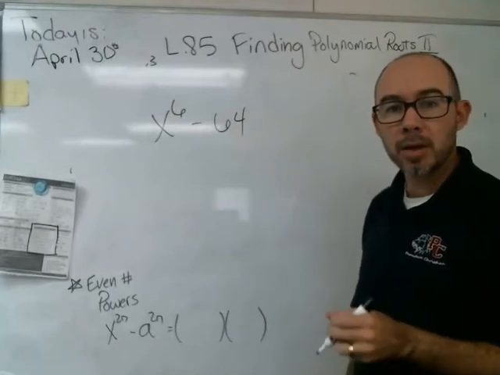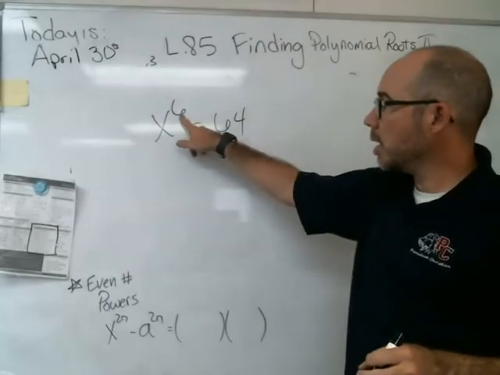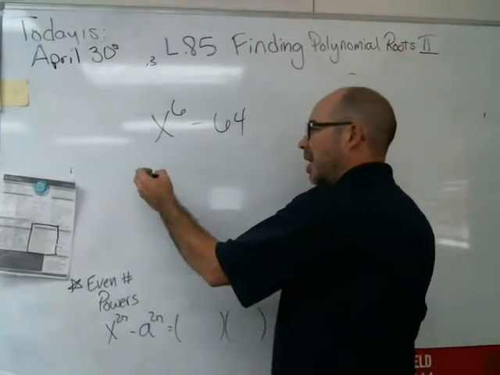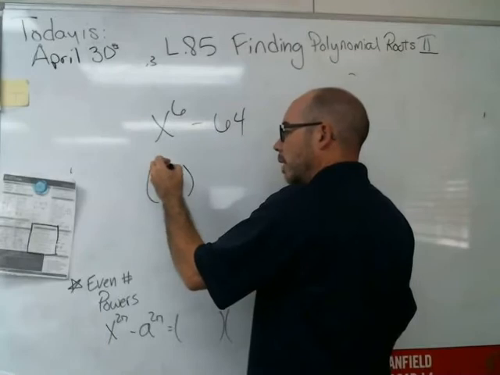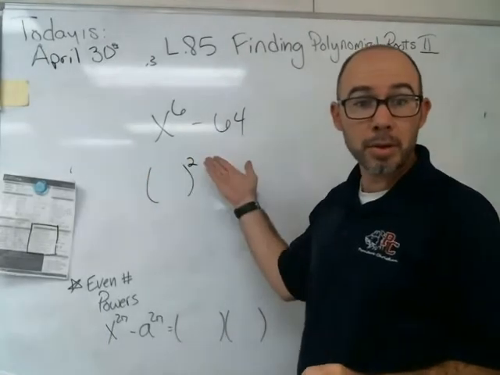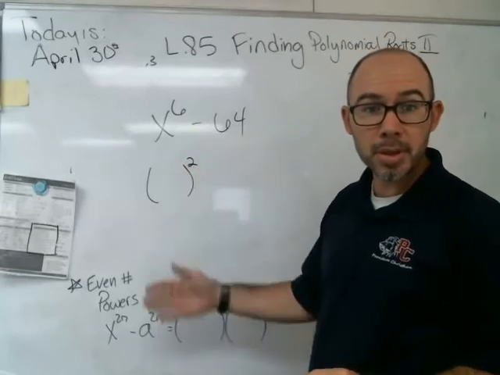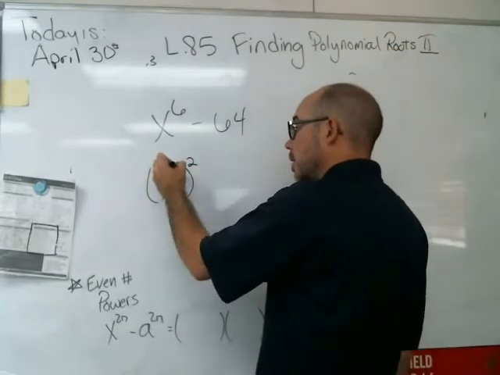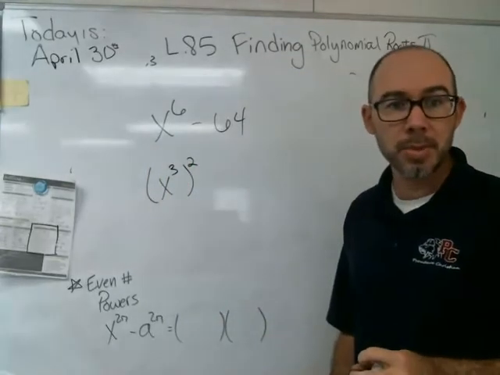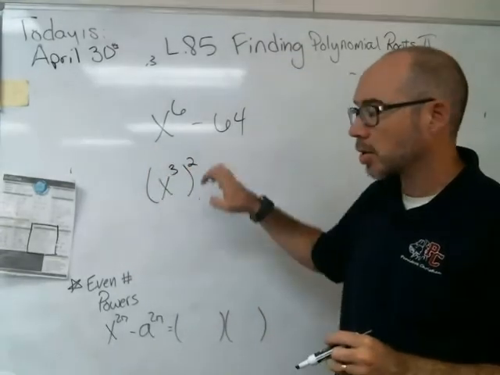The key here is that any even number is 2 times something. Any even power can always be broken down to something squared. Here, that something is going to have to be x cubed, because 3 times 2 is 6. So that's something squared.